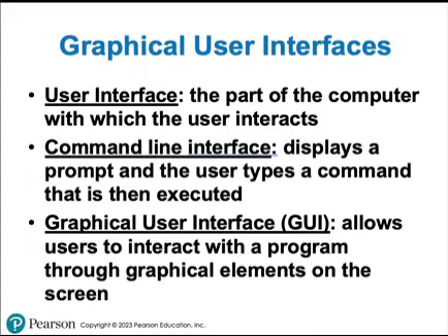So a graphical user interface is how in current days we interact with a computer. There are windows and buttons to click on, and you know, multiple windows at a time, that type of thing.